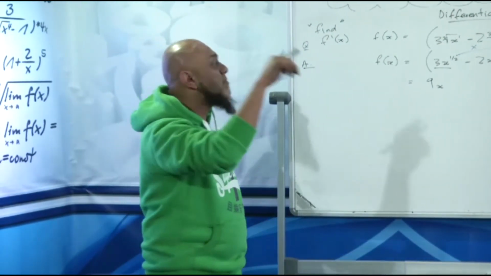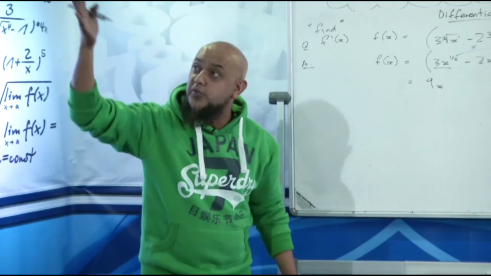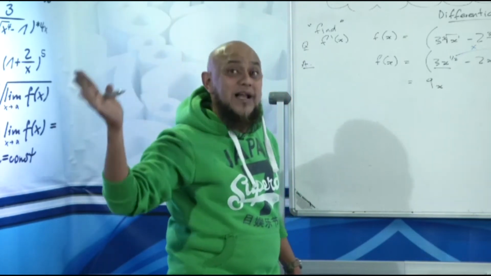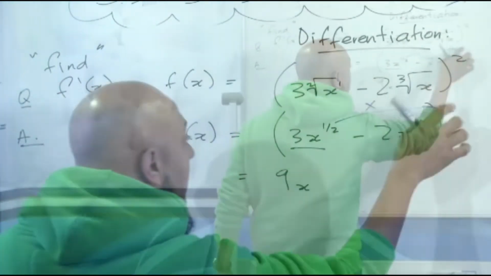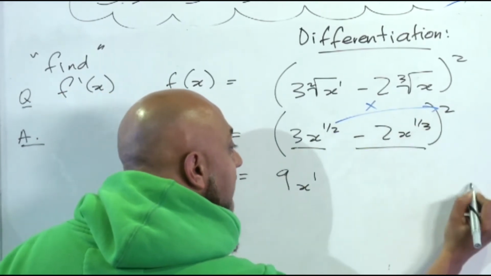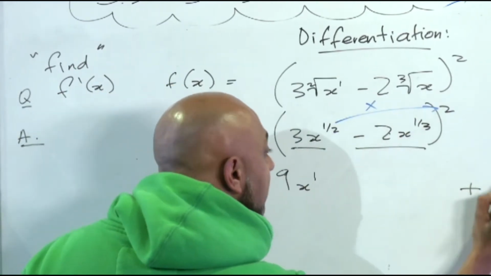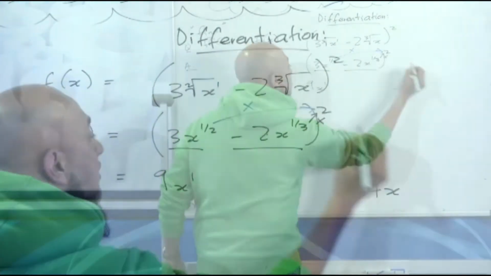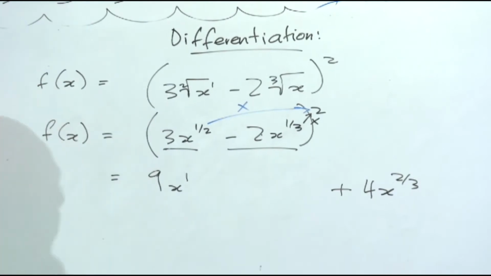No, you are multiplying. You know from your rules of exponents, when you raise a power to another power, you multiply, not square. You multiply the exponents. So a half times 2 is 1. Your next term, negative squared is positive. 2 squared is 4. X to the power, a third times 2 is 2 over 3.